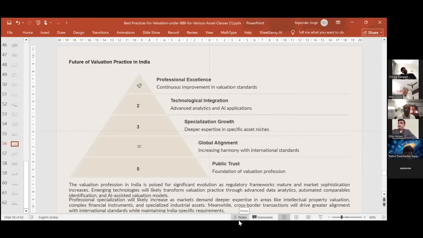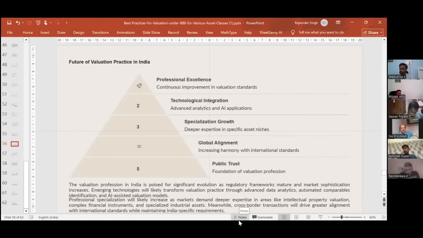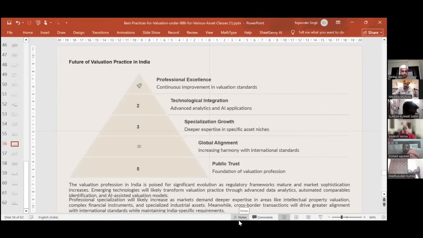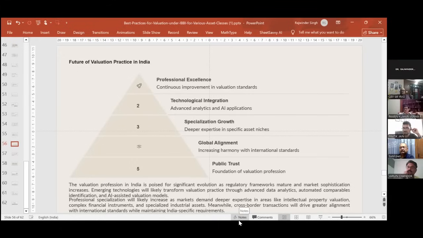The valuation profession in India is poised for significant evolution as the regulatory framework matures and market sophistication increases. Emerging technology will likely transform valuation practice through advanced data analytics, automated comparables identification, and AI-assisted valuation models.